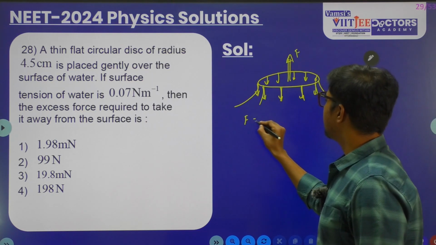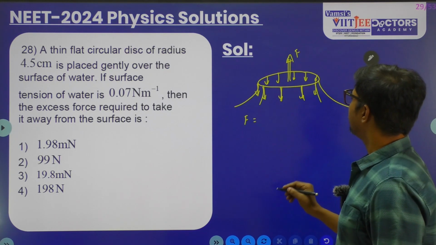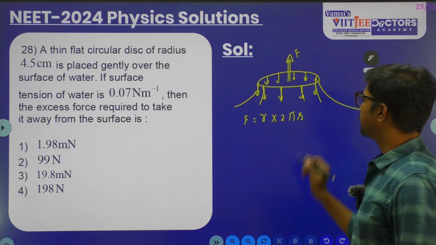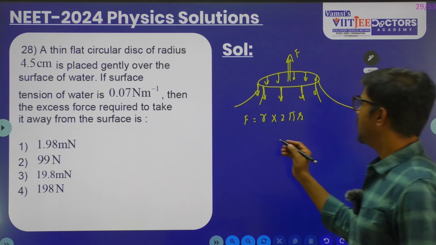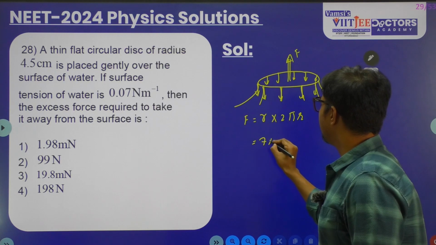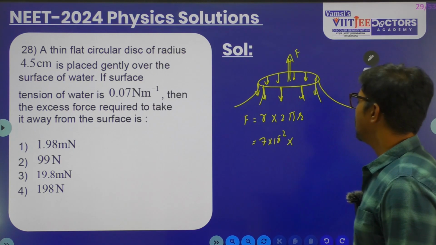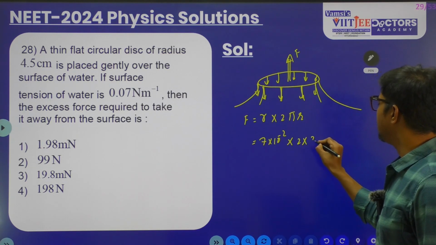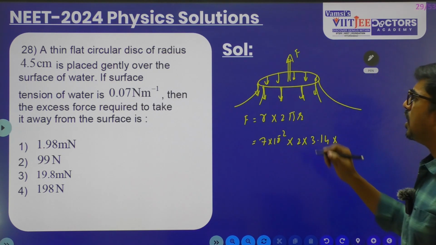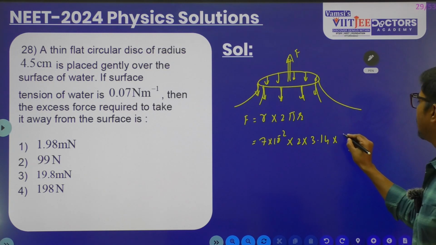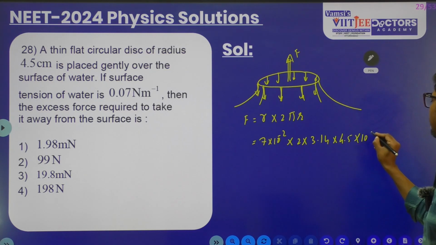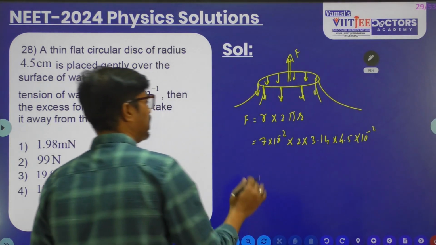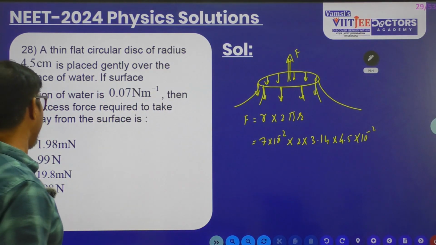In the limiting situation, the force equals the surface tension times the circumference. Gamma was given as 7 into 10 power minus 2, times 2 pi r, where 2 pi is 3.14 and r is 4.5 into 10 power minus 2. You don't have to do the calculations very accurately.